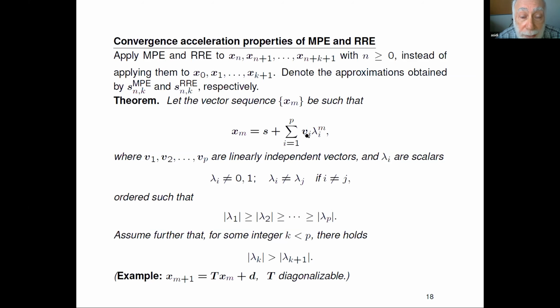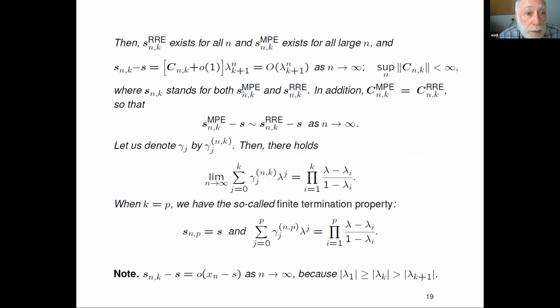The v_i are linearly independent vectors. The lambda_i are distinct numbers, different from 0 and different from 1. You order them this way, and then you assume that at some point lambda k is greater than lambda k plus 1 in modulus. And then what you can show is this.